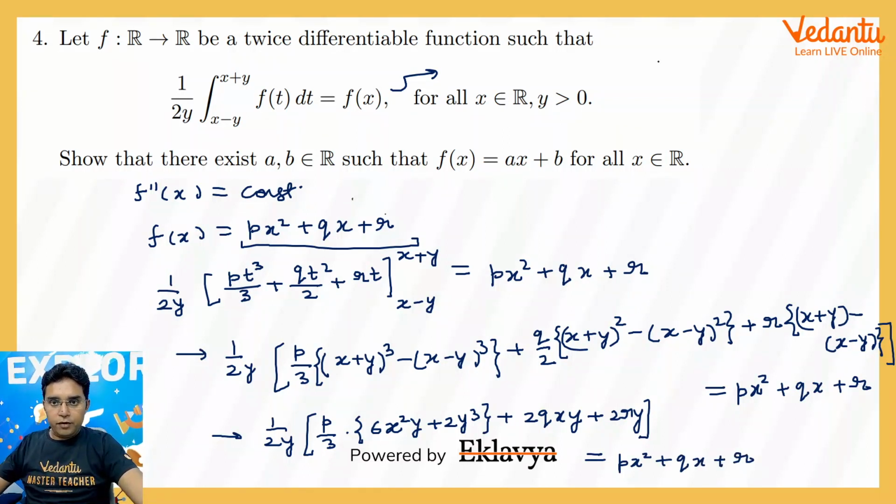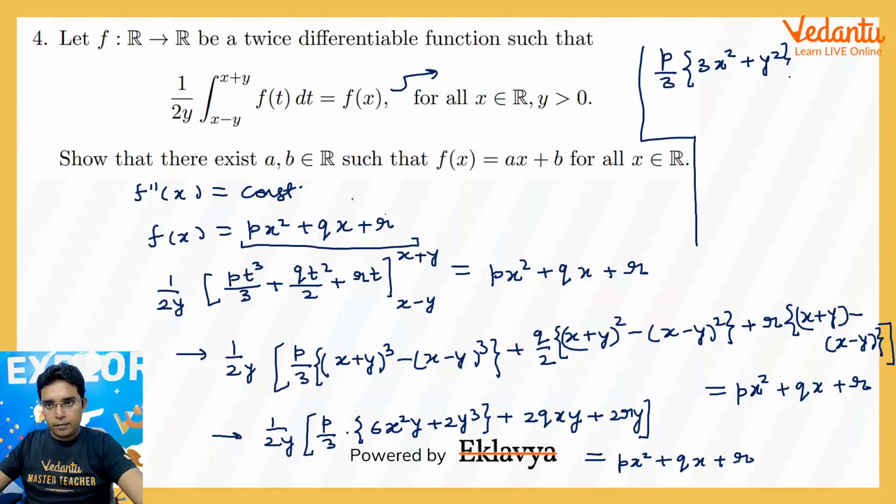Okay, if we divide by 2y inside, what we will be getting is that 2y will cancel, like p by 3 into 3x square plus y square only, then 2q xy will become just q x, and here only r, and this should be equal to p x square plus q x plus r.